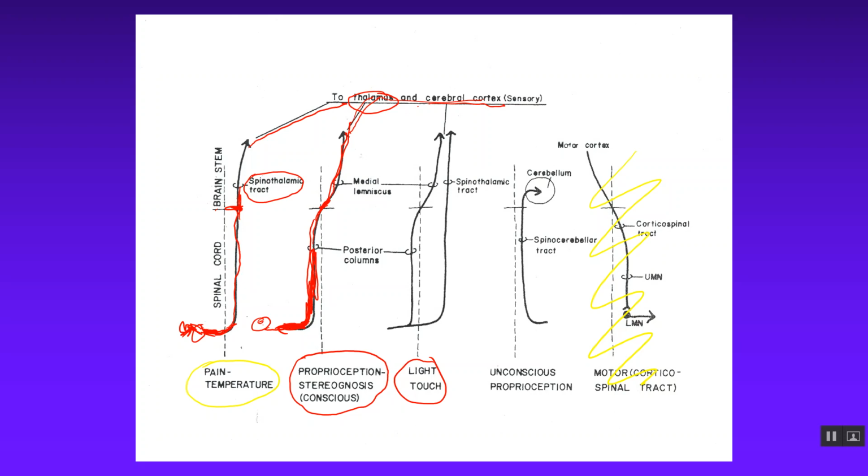Why light touch is not a great modality to test unless you do it carefully is that it's carried on both pathways. It's carried on the spinothalamic tract, which I'm pointing to here. This is just coarse light touch. And it's carried on the dorsal column medial lemniscal system. This is fine light touch.